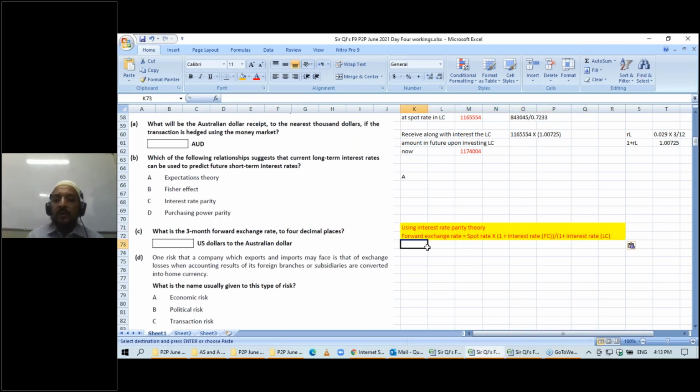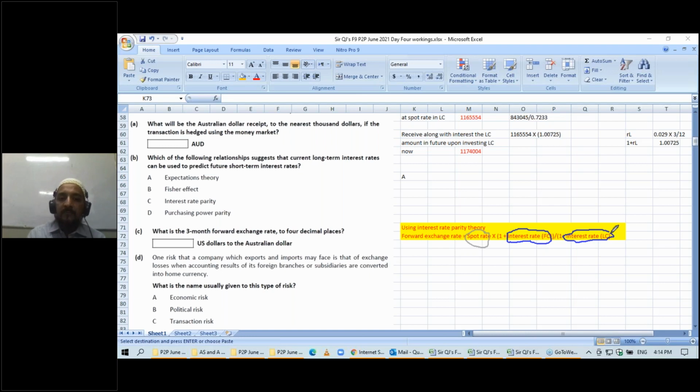Using it, the forward exchange rate is the spot rate multiplied by 1 plus the interest rate of the foreign currency in the numerator, and in the denominator 1 plus the interest rate in the local currency, right?